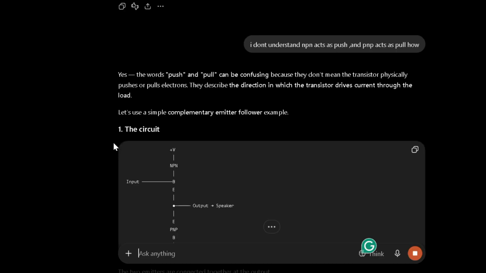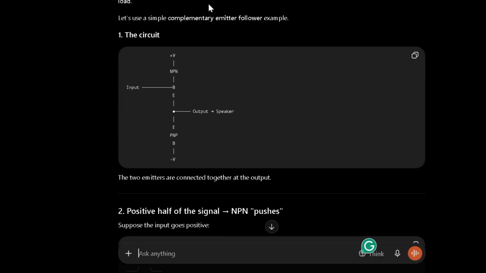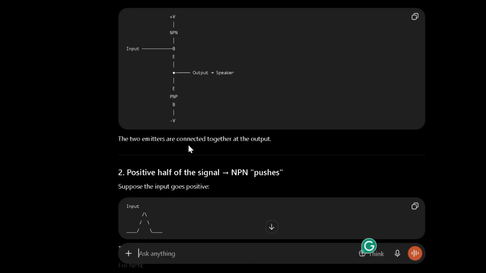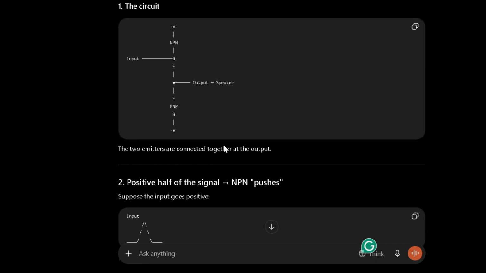Let's use a simple complementary emitter follower. The input goes to the NPN base and the PNP base, and the two emitters are connected together at the output. Suppose the input goes positive.